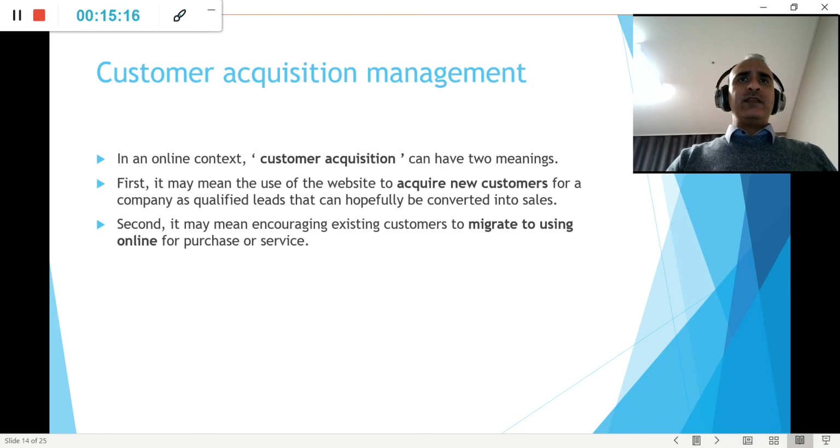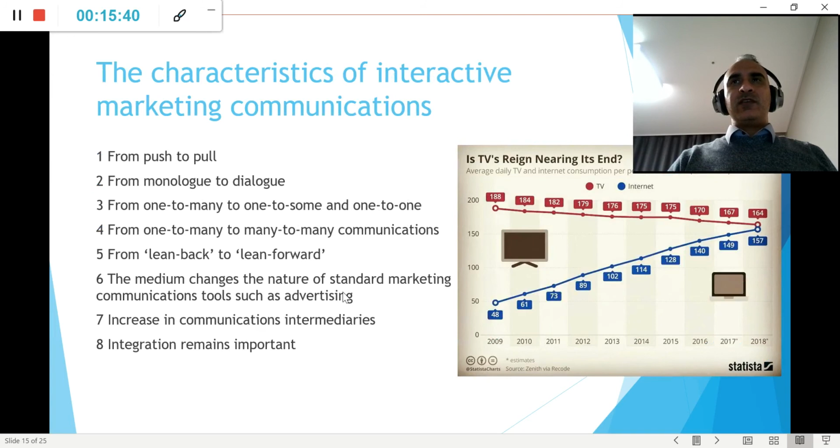And so, like I said, we need to understand how we're going to acquire those customers, how we're going to reach them and then keep them, and then, of course, migrate them to use online. This is what many companies are doing nowadays, like we saw in the video of McDonald's right now. It's how I change you from being offline to online. I need you to go online because I can know much more information.